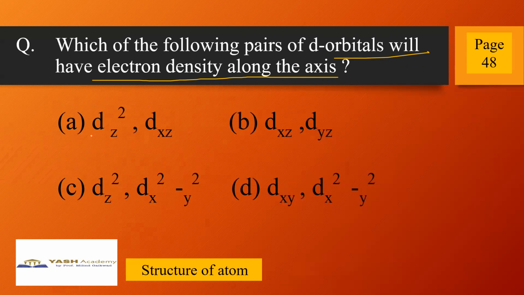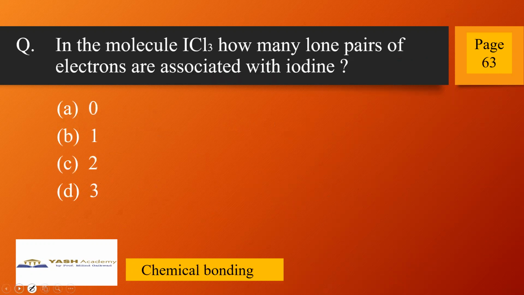You are given 4 options: A, dz square, dxz; B, dxz, dyz; C, dz square, dx square minus y square; and D, dxy, dx square minus y square. You know that dz square and dx square minus y square have their lobes on the axis, and the remaining 3 orbitals have lobes between the axis. So C is the correct answer option.